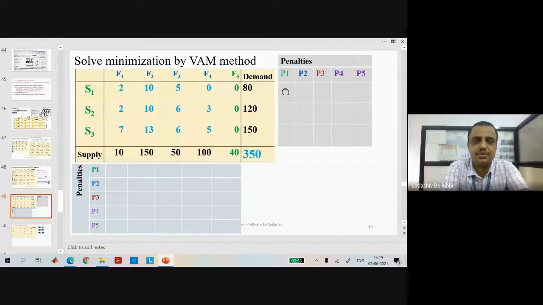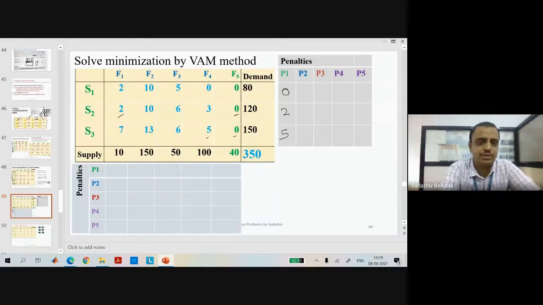For the second row, the penalty will be the difference of 0 and 2, so that is 2. For the third row, 0 and 5 are the two minimum numbers, so 0 to 5. Next, for the column-wise, 2 to 7.